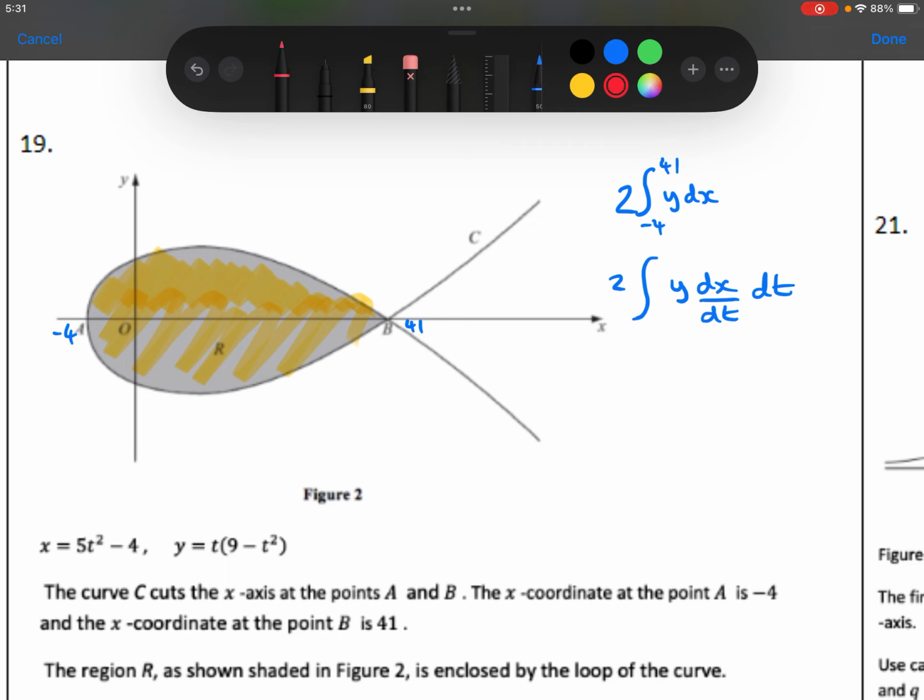So let's work out what is t when x is minus 4. So let's use this x formula here. If x is minus 4, then 5t squared would equal 0, so t would have to be equal to 0 at that point.